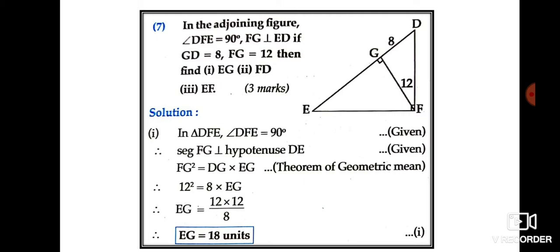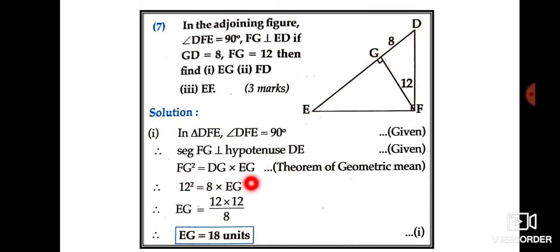Now in the first one, in triangle DFE, in this bigger triangle, angle F is 90 degree and FG is perpendicular to DE. That is what they have written over here. Therefore FG square is equal to DG into GE.